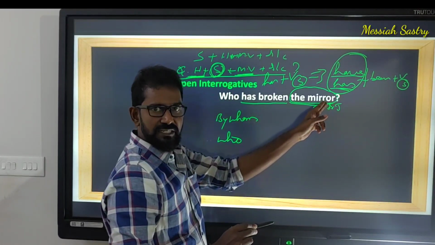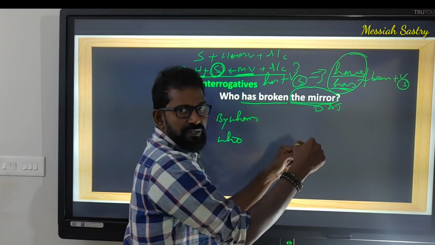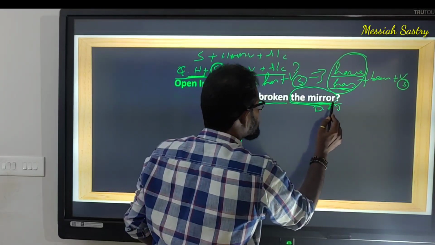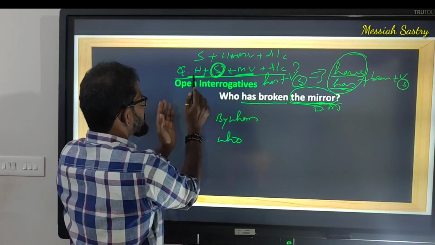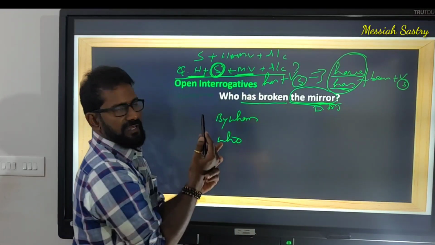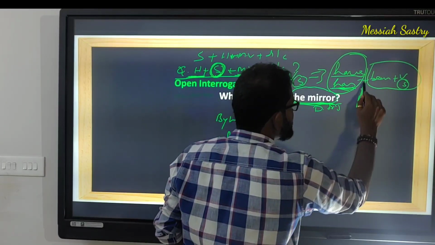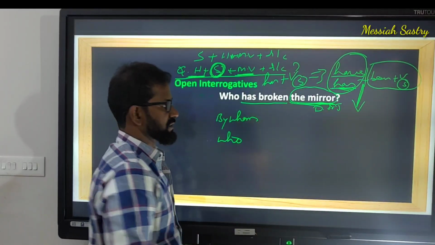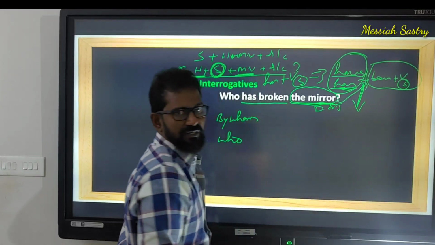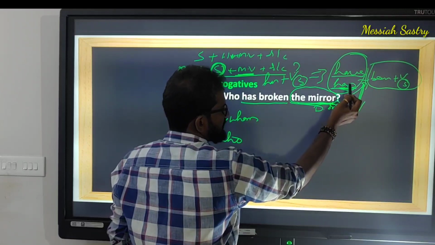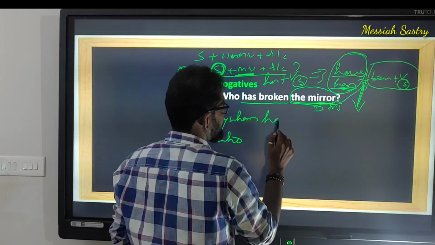In active voice it is the object, but this mirror is going to be the new subject. This new subject has to be placed between helping verb and main verb. Now is mirror singular or plural? Mirror is singular, so we write has.